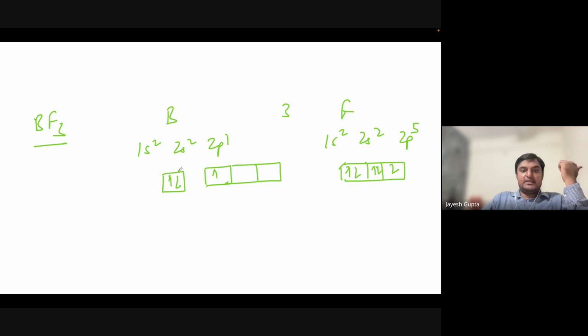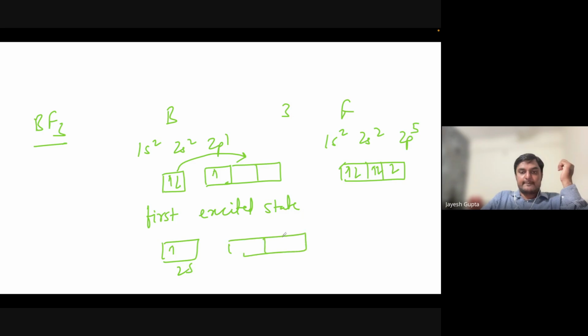You have to excite one electron to the next orbital, so you go through the first excited state. In the first excited state, this is 2s and this is 2p. Now you got 3 electrons.